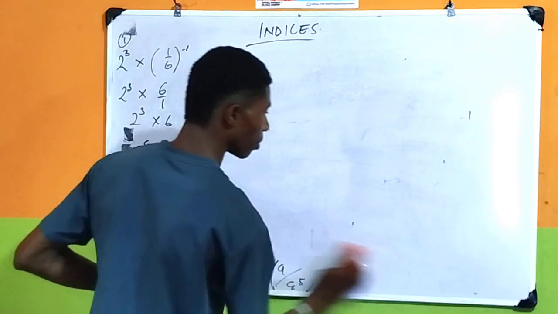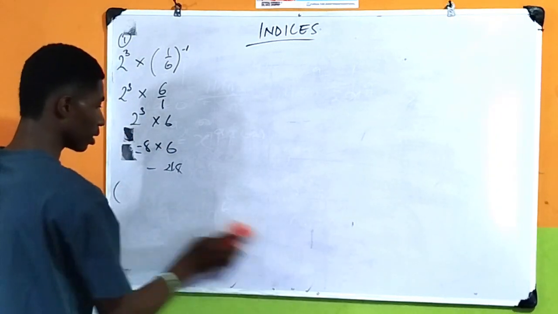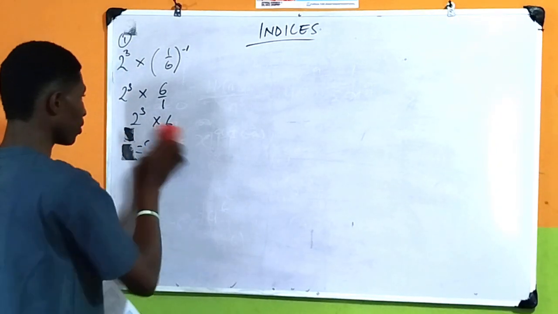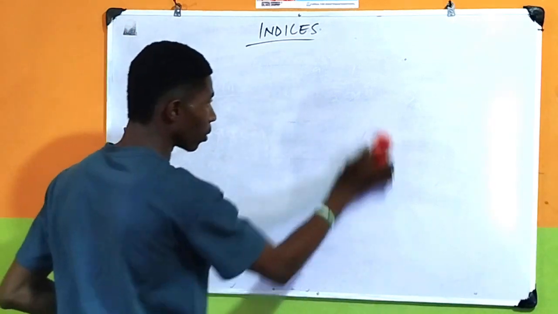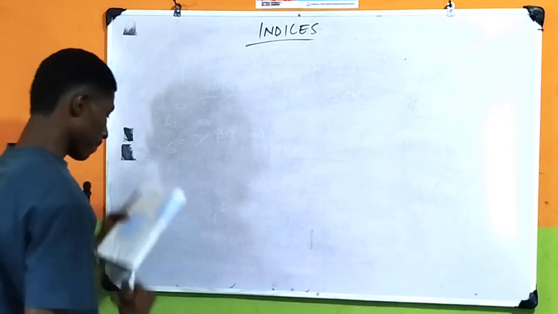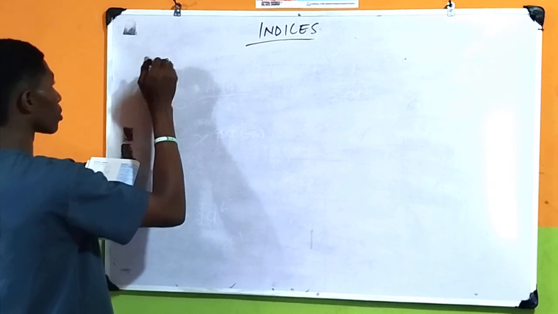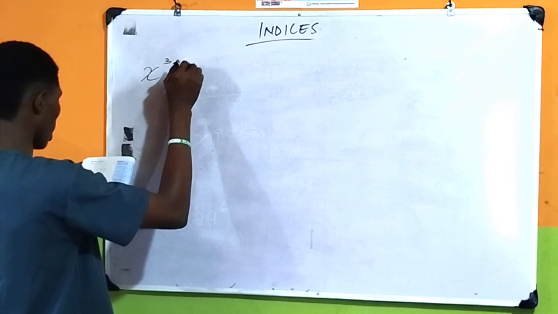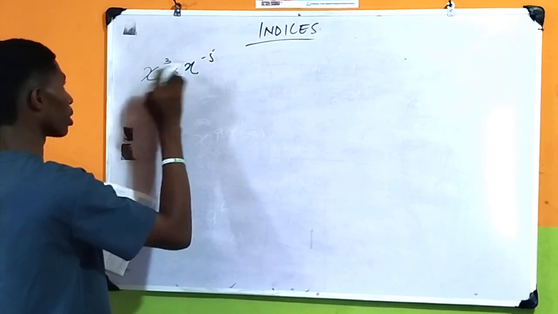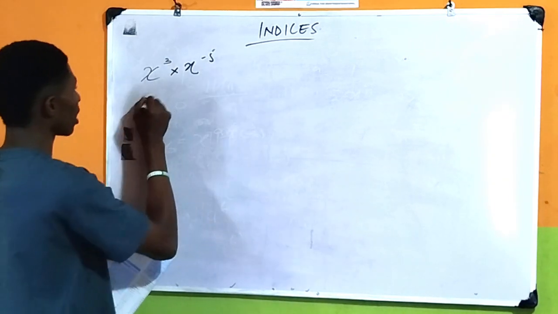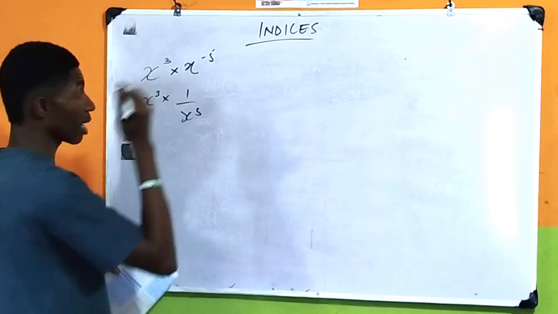Let's take more examples on the negative index, or negative power, or negative exponent of indices. x cubed times x^(-5). Okay, so we have x cubed times 1 over x^5, right?